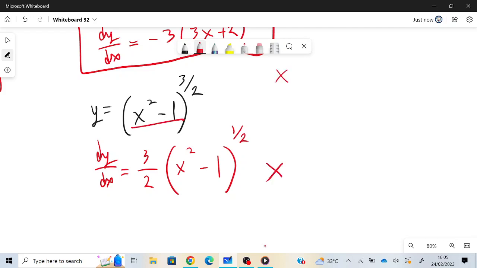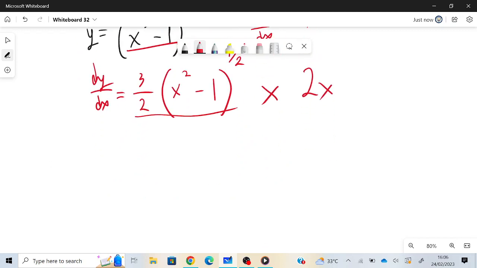So I have x squared minus 1 inside the brackets. dy/dx of x squared minus 1 is 2x. So I times this equation by 2x. Doing that, I have dy/dx equal to 6x over 2 into (x squared minus 1) to the power of 1 over 2.